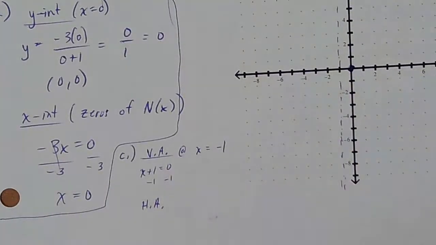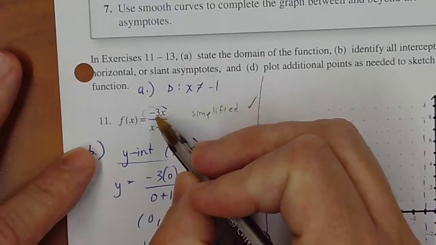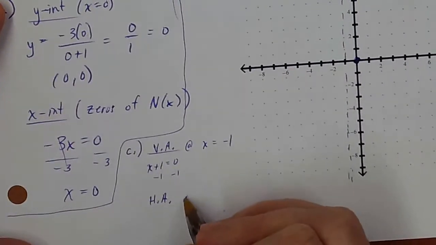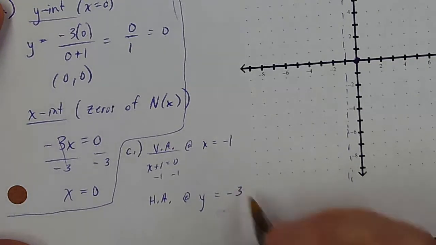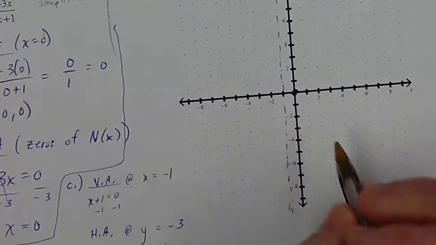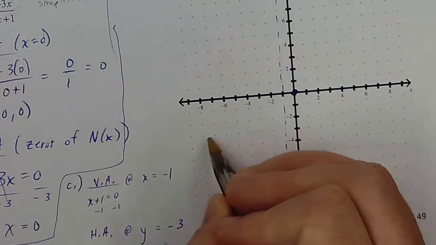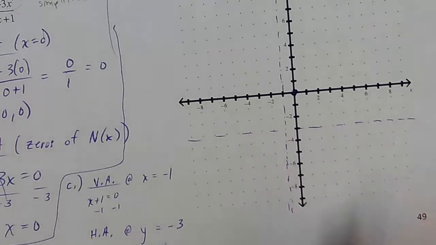Okay, slant asymptote, the degree has to be higher on top. All right, so I take the -3 and divide it by 1. So there's a horizontal asymptote at y equals -3. Draw that in there. Go down to -3. Get your dashed line.